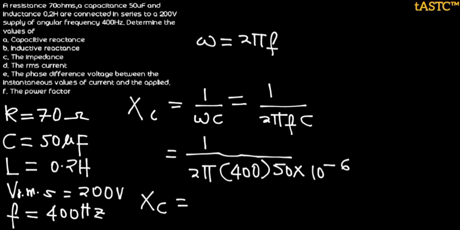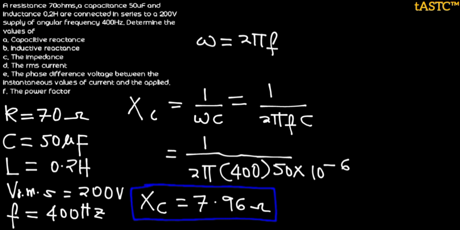So that is 1 divided by 2 pi, multiplied by 400, multiplied by 50, multiplied by 10 to the negative 6. That gives us 7.96. So this is in ohms. The capacitive reactance is given as 7.96 ohms.